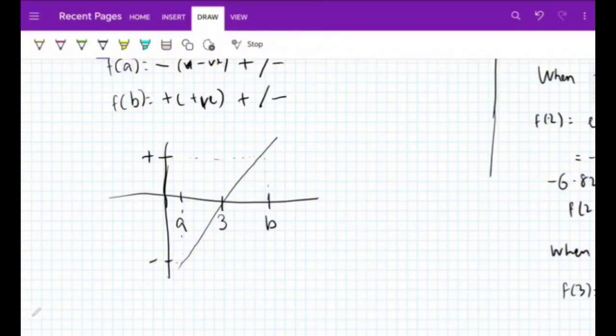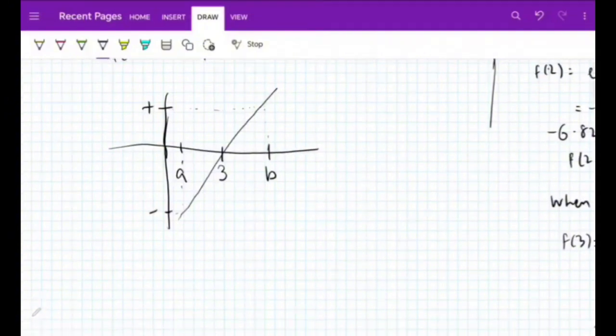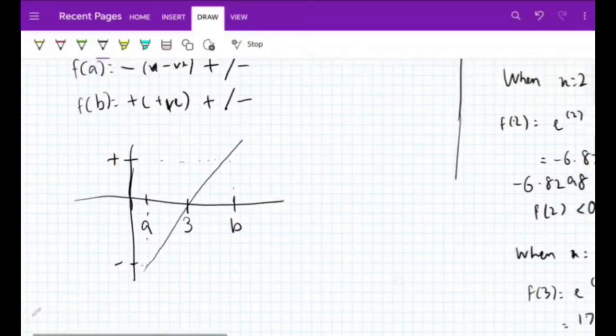It doesn't matter if a is negative or b is positive; it can also be that b is negative and a is positive. But we should always make sure that when we substitute the values, we get a negative y value and another positive y value. So one is on the negative side of the x-axis, the other on the positive side.